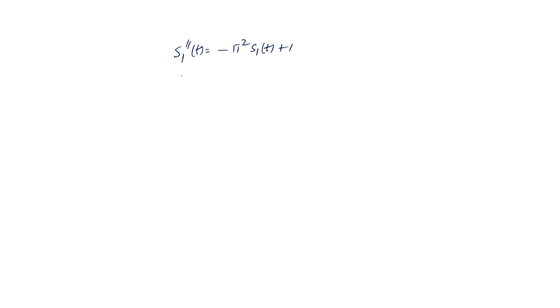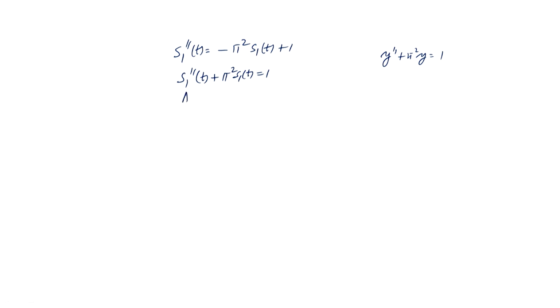So, I can write it as S1 double dash t plus pi square S1 t equal to 1. This is of the form y double dash plus pi square y equal to 1. We know how to solve this second order ODE with constant coefficients.